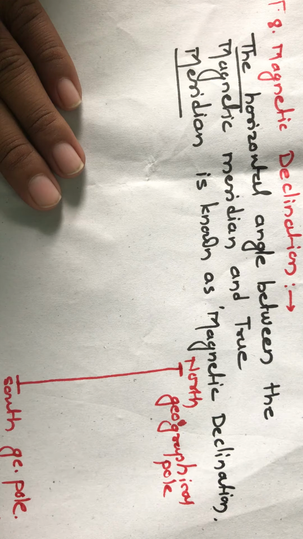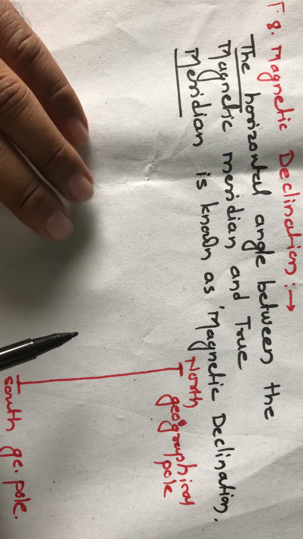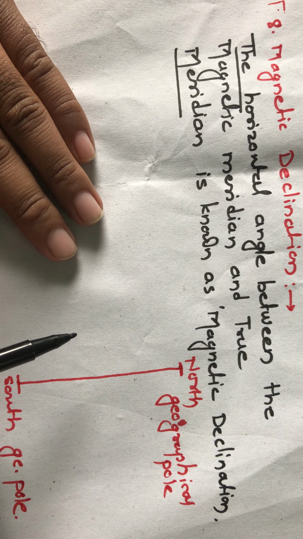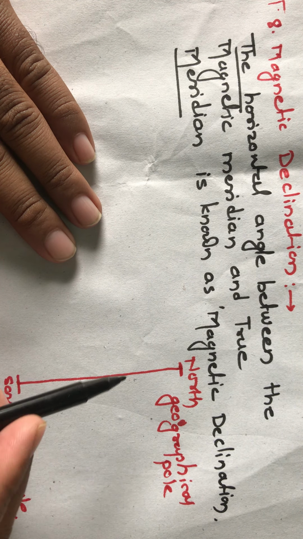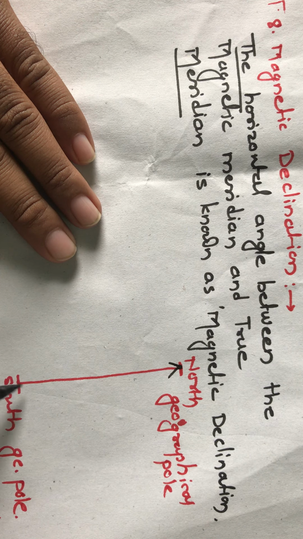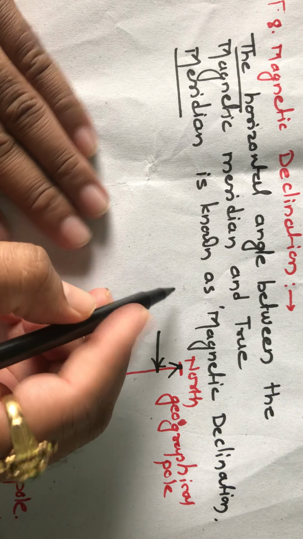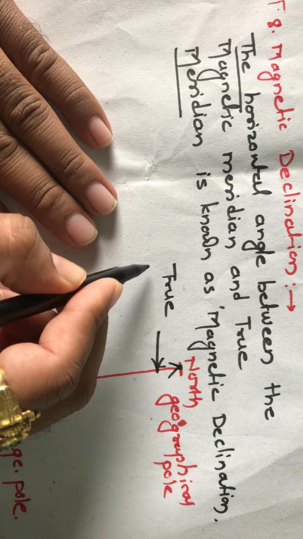But the magnetic meridian is nothing but the direction of the magnetic needle. So this one line is the true meridian.